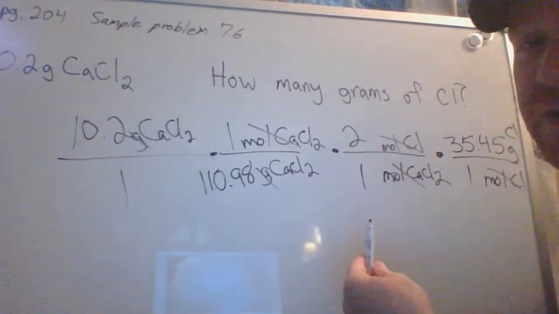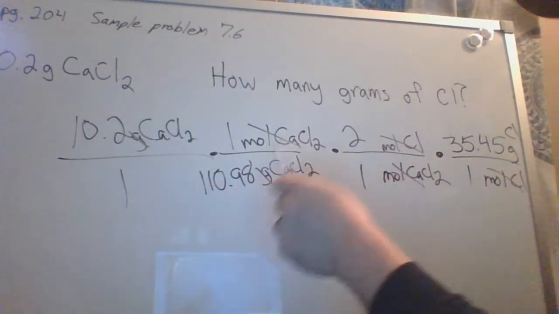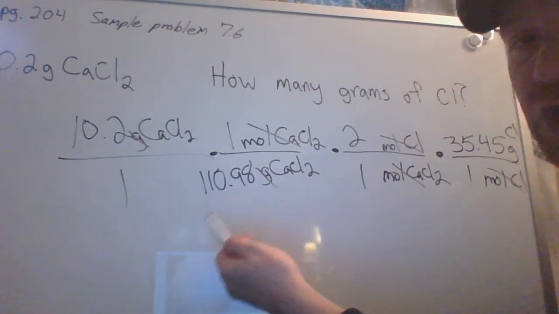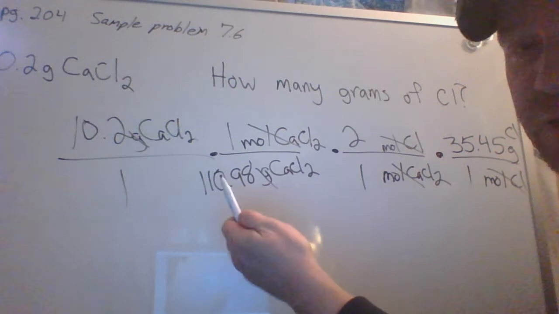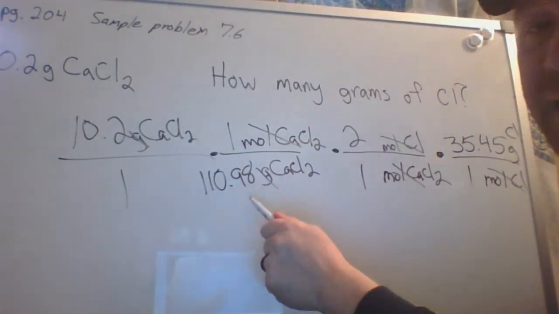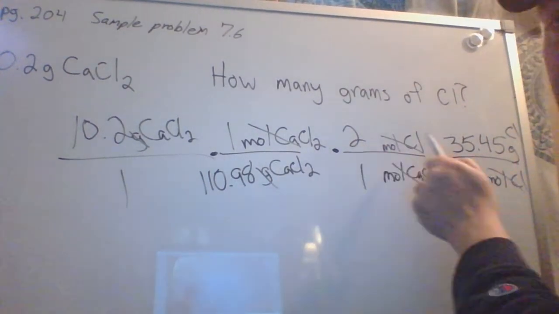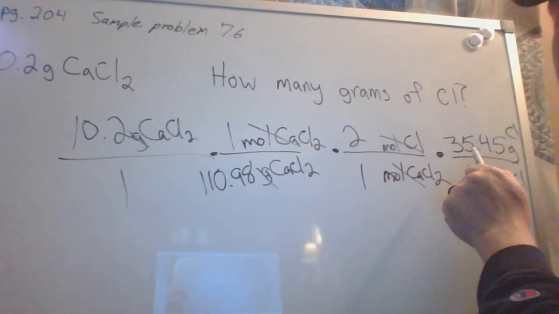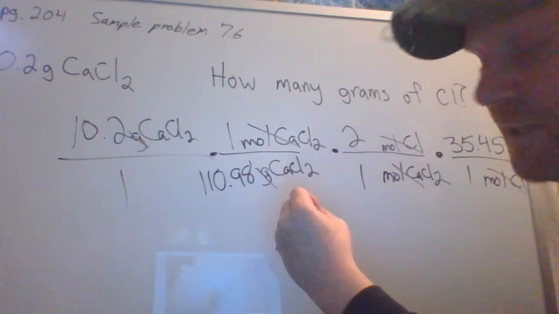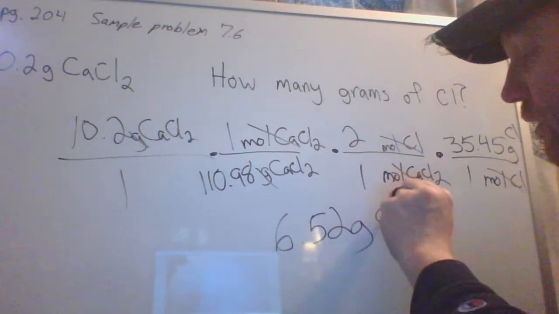And now you simply have to do the math. Some of you like to multiply across the top, get a number, then you would divide by 110.98. If you wanted to use the shortcut that I've used in class, here's what I would do, and I will give you the final answer. 10.2 divided by 110.98 times 2 times 35.45, and you should get for an answer, this is right in your textbook, 6.52 grams of chlorine.